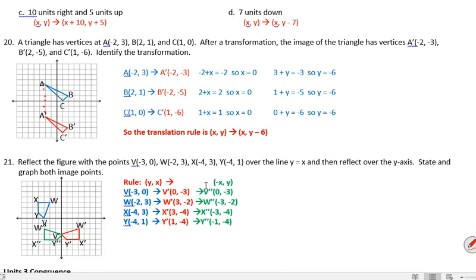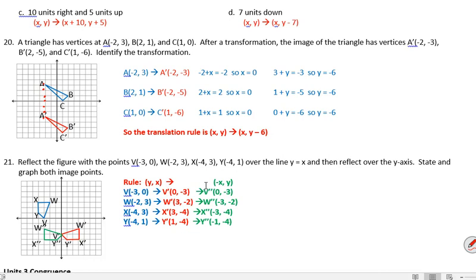So there's no X change, but there is a Y change. Again, we went from ABC to A prime, B prime, C prime. I went backwards, y'all. So this should be 1, 2, 3, 4, 5, 6. So it went 6 down. So X didn't change, but Y did change by subtracting 6.